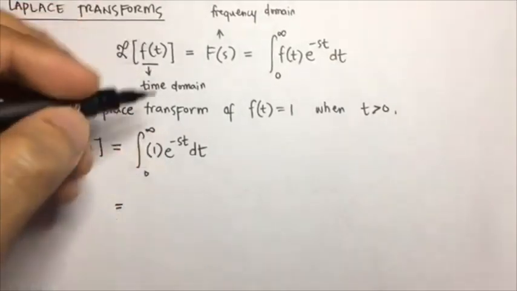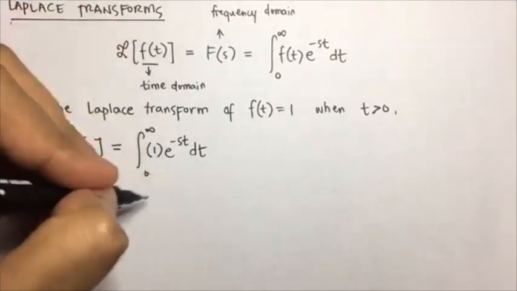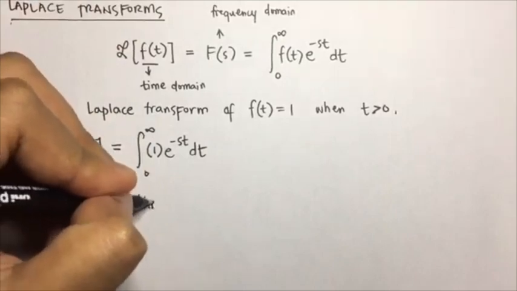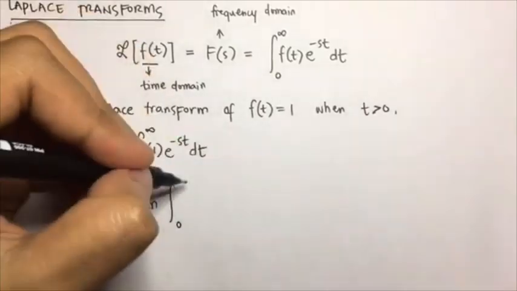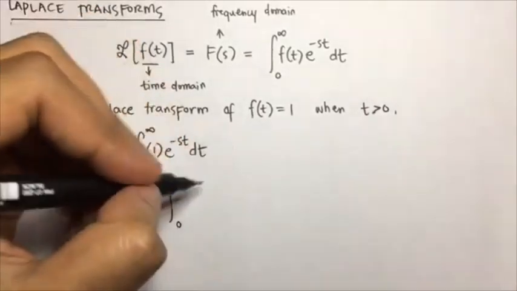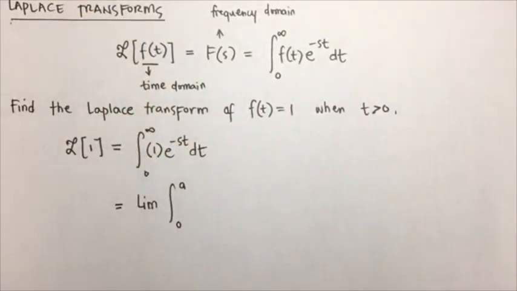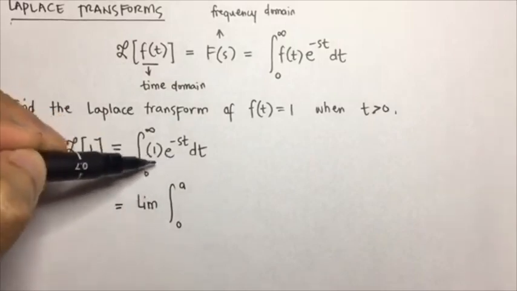Instead we will be writing it as the limit of the integral from 0 to a, where we replace infinity with the variable a, of the integrand.